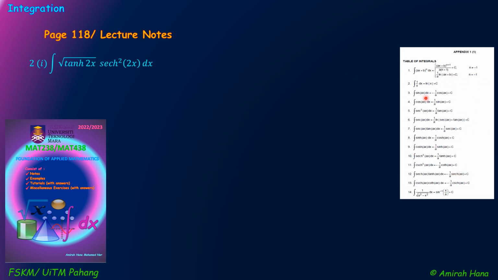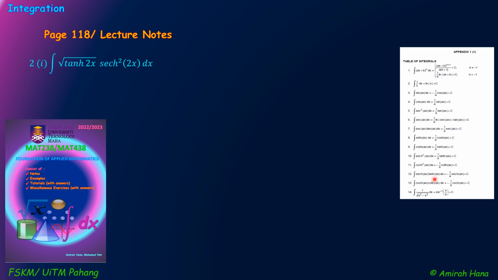Kalau kita compare one by one, there is no formula involving square root of tan and then combine with sec squared. Yang ada adalah sec dengan tan, lepas tu dia tak ada square root and then dia tak ada kuasa 2 ya, untuk sec. So tak ada formula untuk integrate soalan bentuk macam ni kalau kita compare straightforward daripada appendix.